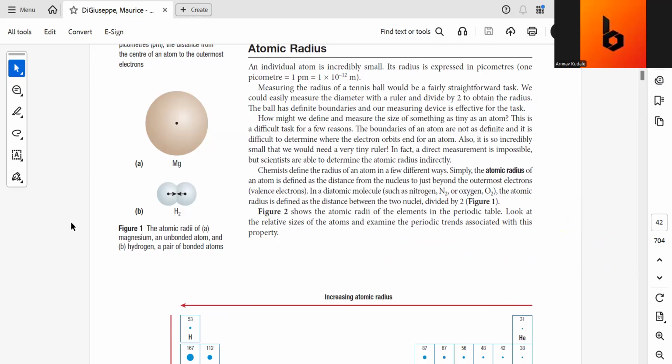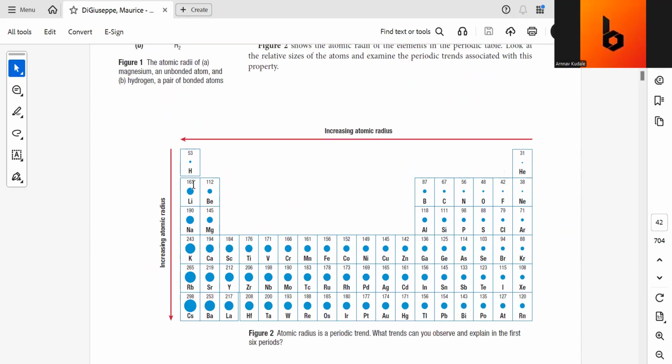Now we are talking about the trends of the atomic size. As you go down the periodic table, the atomic size is increasing. Why? Because they have more shells.